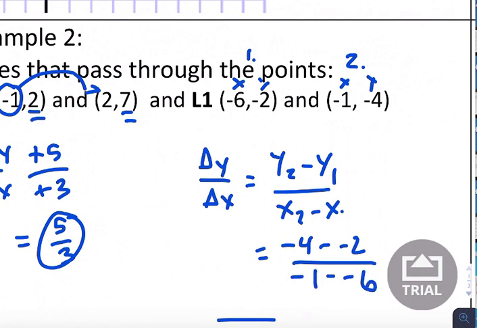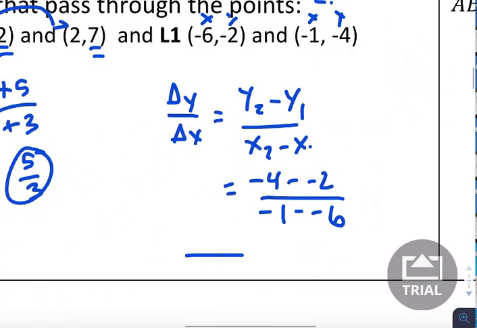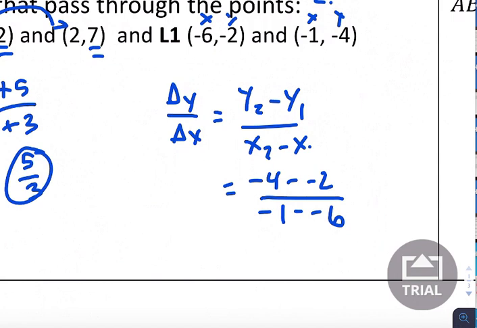So lots of negatives. And that's ultimately why I don't like this technique that much, because there's so many negatives to deal with. To me, honestly, it's easier just to count. And so either way, we have negative 4 plus 2, which is a negative 2. And then negative 1 minus 6, which is going to be a negative 5.